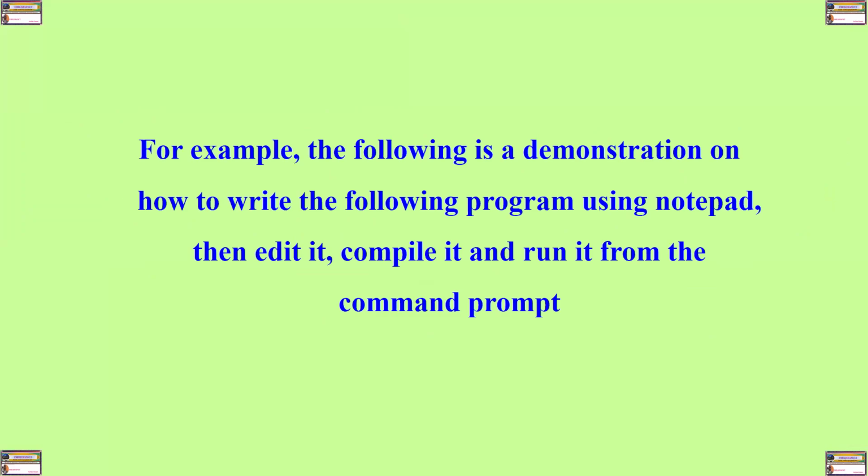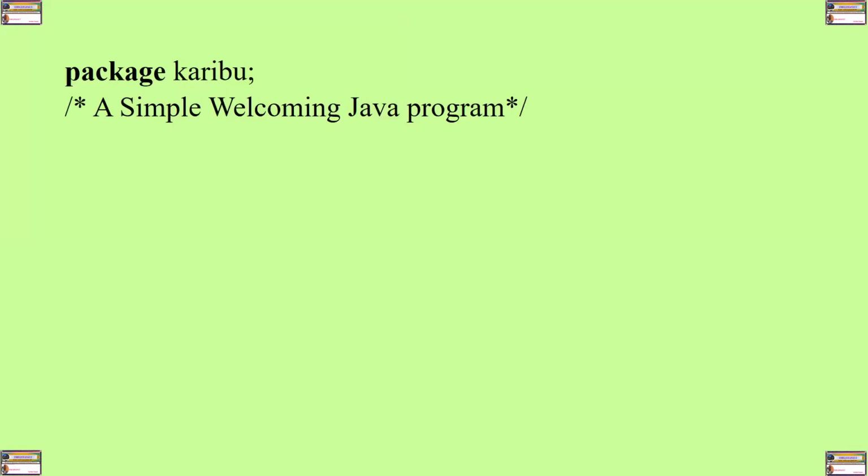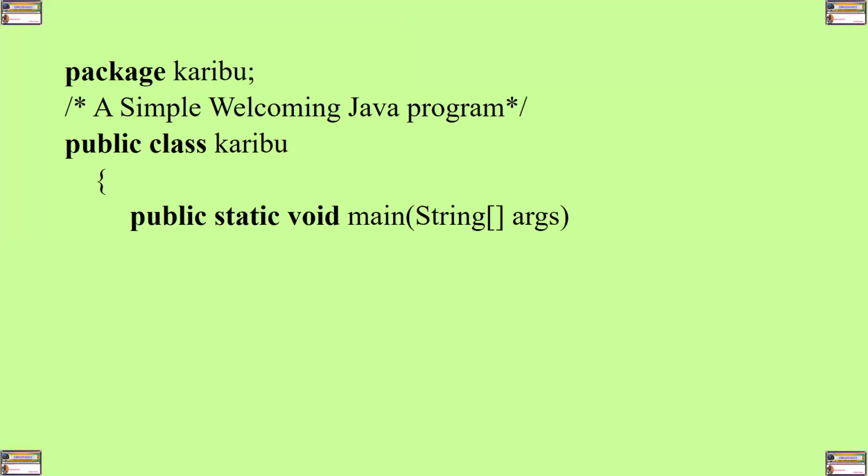So the following is a demonstration on how to write a program using Notepad, then edit it, compile it, and run it from the command prompt. This is the program that we are going to write in Notepad, and then we compile it from the command prompt.